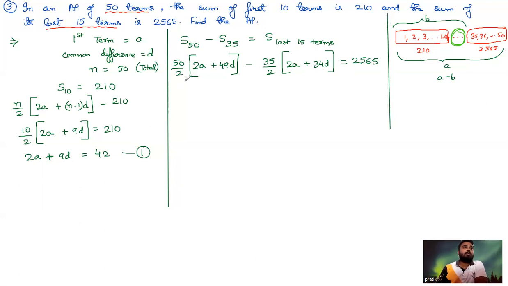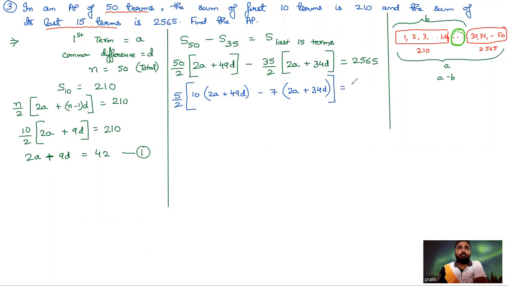When we try to solve this, let's take 5 common, so 5 by 2 is common. 5 tens are 50, and inside the bracket it is 2a plus 49d. 5 sevens are 35, and this is 2a plus 34d.